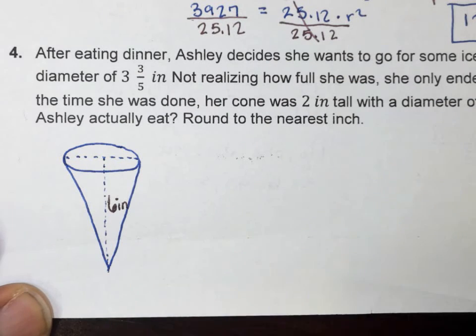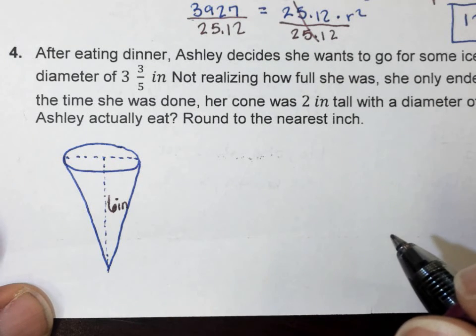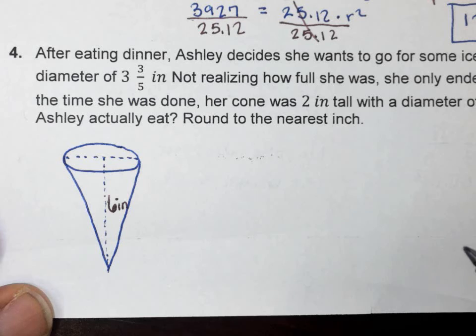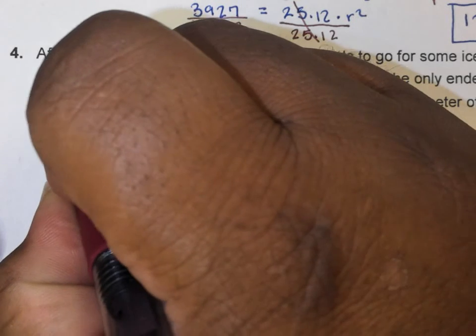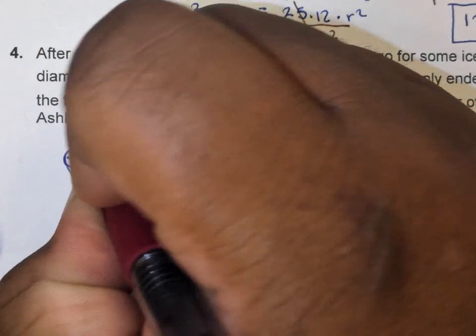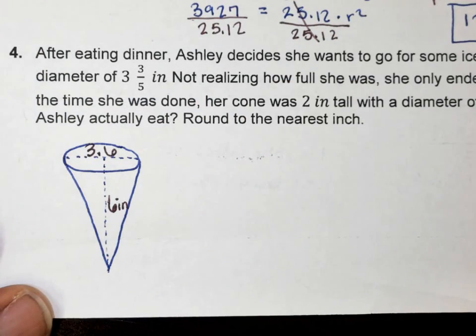This was 6 inches by what? It's 3 3/5, but I need that decimal. What's 3 3/5 as a decimal? Say it again? The whole thing. 3.6. I'm sure some of y'all don't know how to get that, so I'm going to teach you once again real quick.